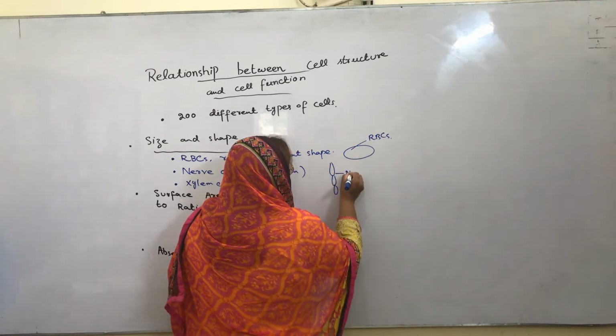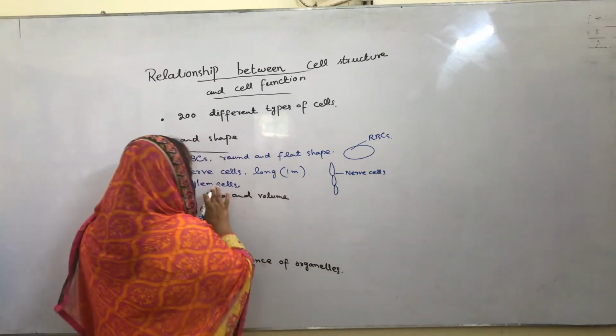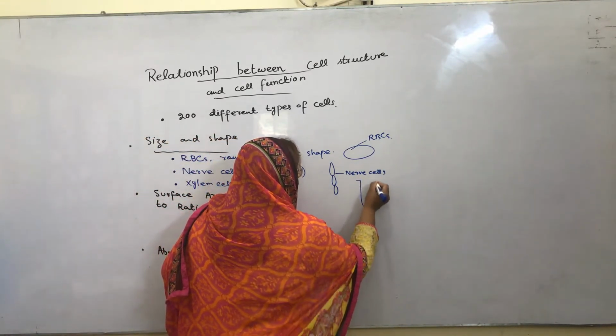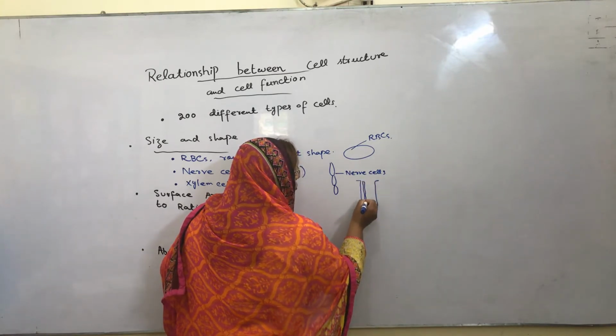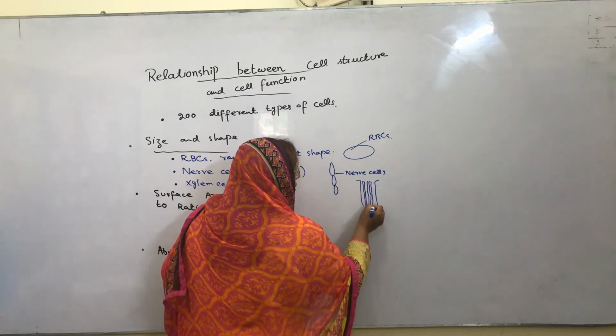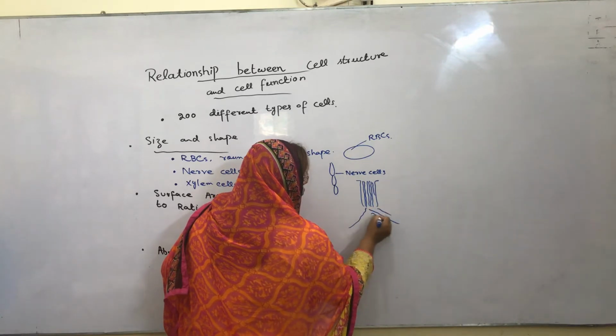these are nerve cells. And if we take an example of xylem cells, xylem cells are present in the stem. They are tube-like structures in the stem, and they are connected with roots.